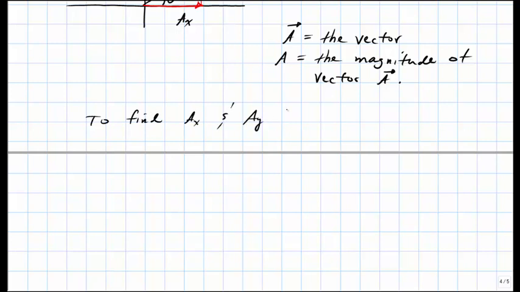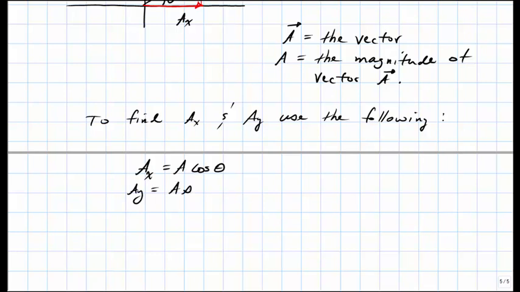In order to find A sub x and A sub y, we will use the following equations. It turns out that A sub x just equals A times the cosine of the angle, and A sub y will equal A times the sine of the angle.